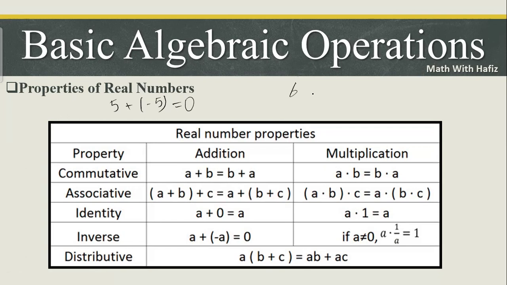If you have a number 6 and you multiply by its multiplicative inverse, which is 1 over 6, because I can write this as 6 over 1, right? If you multiply with this, it should give you a 1. It should give you an identity, which is, if I'm using multiplication, a multiplicative identity. If you are using the plus sign, it should give you an additive identity.